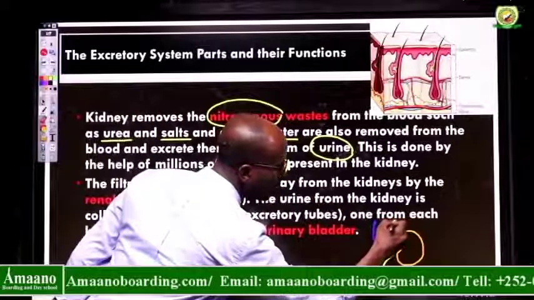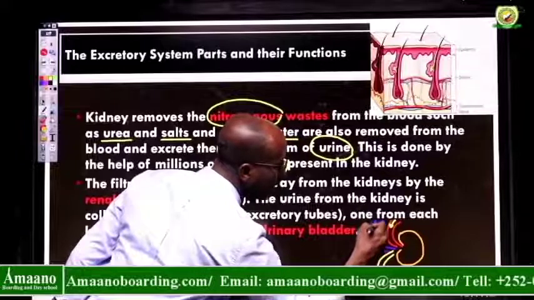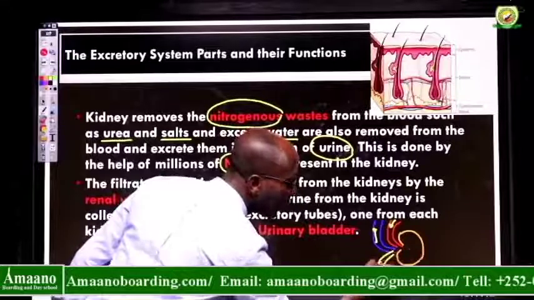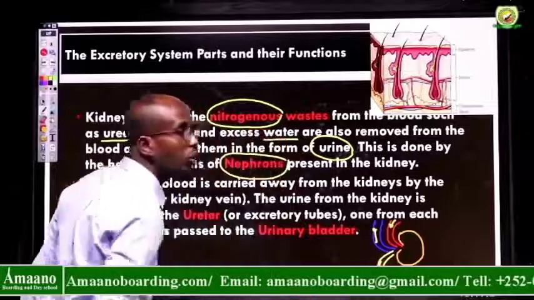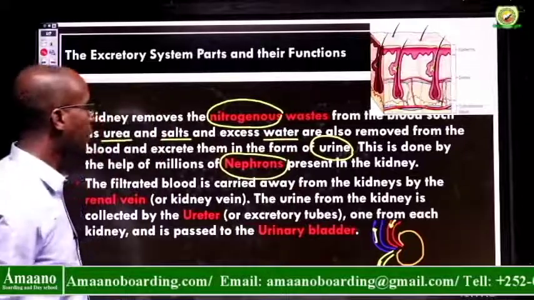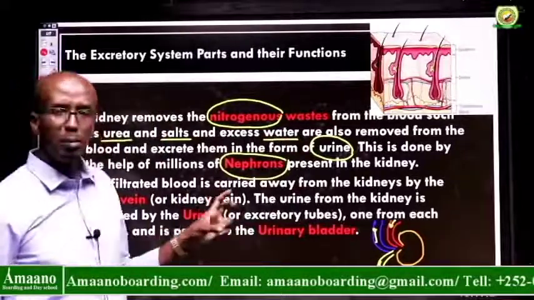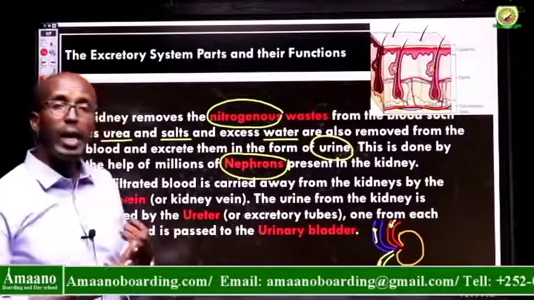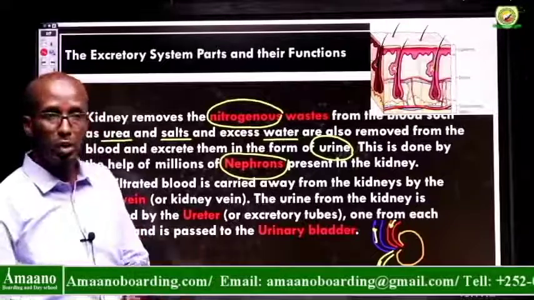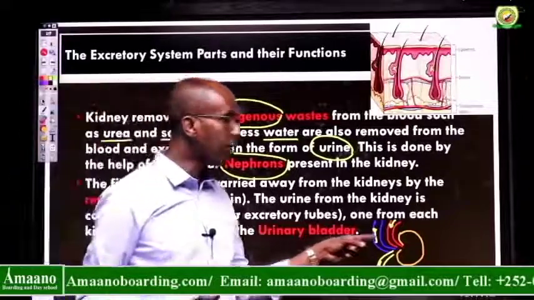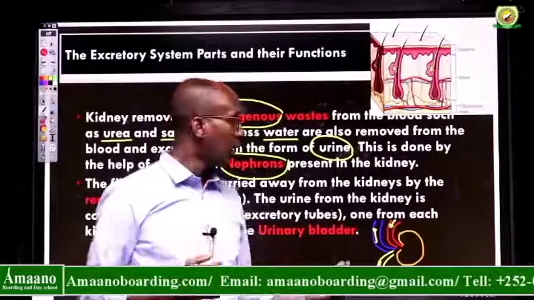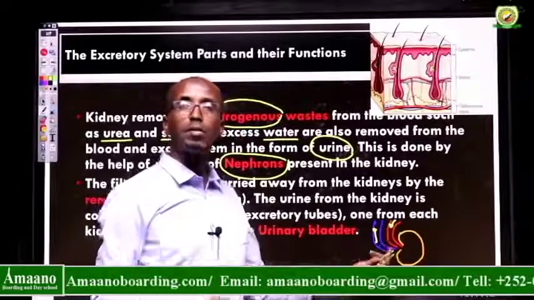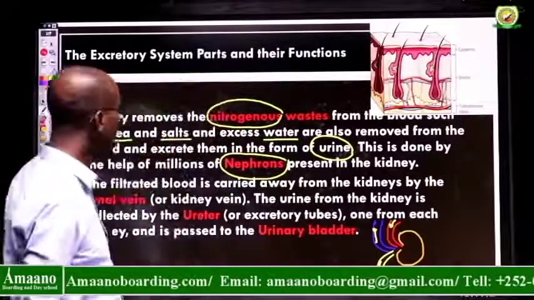This supplies blood to the kidney, this carries blood away from the kidney, but this structure carries urine from the kidney to the urinary bladder. So these are the three important tubes the kidney has. The renal artery brings blood to the kidney, the renal vein carries blood away from the kidney, and the ureter carries urine from the kidney to the bladder.